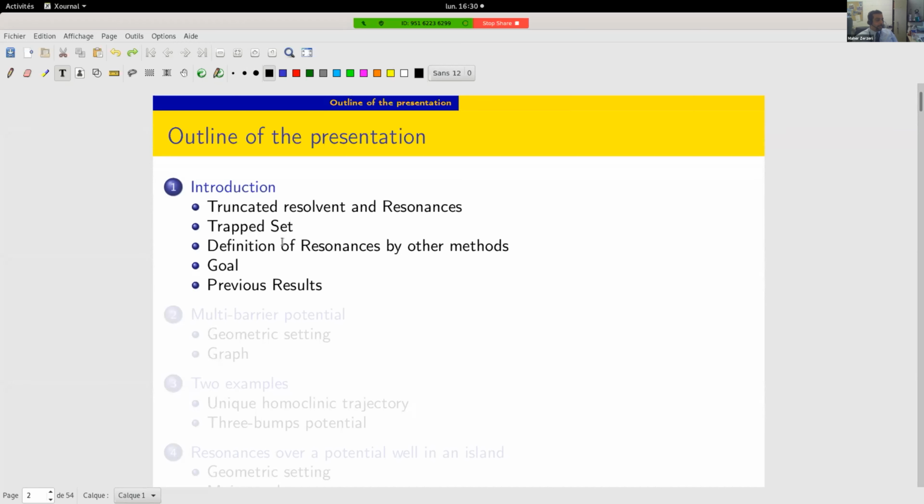The first step is to give the goal, and I explain the previous results and some methods that didn't work for our result.